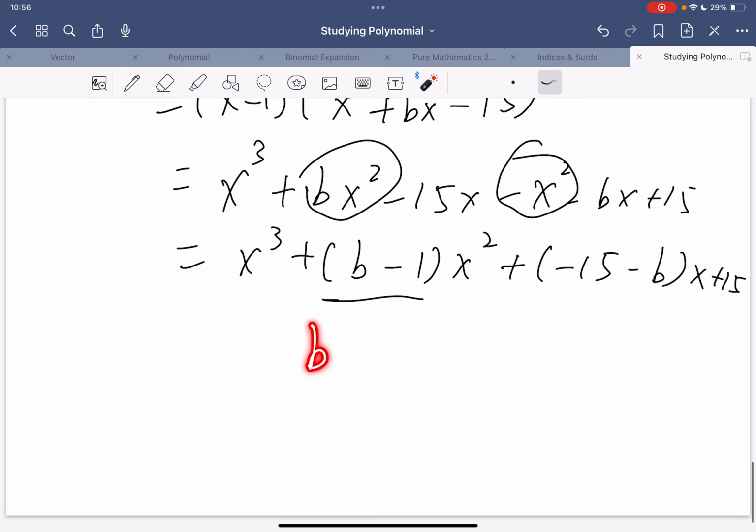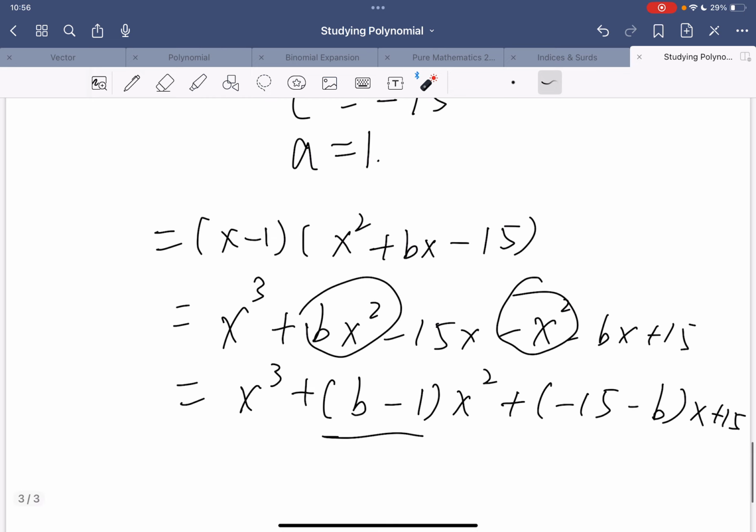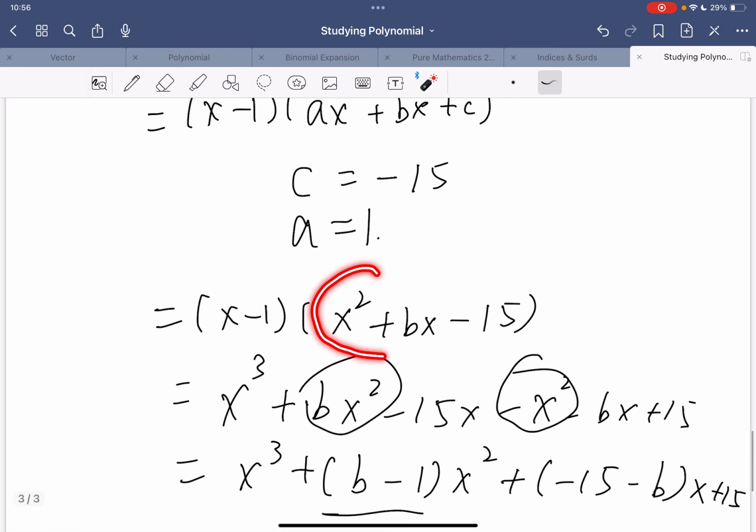Okay, so b equals -2, right? Okay, b equals -2, and then bring the value of b into this one, and we can factorize the quadratic expression. Simple as that, right?